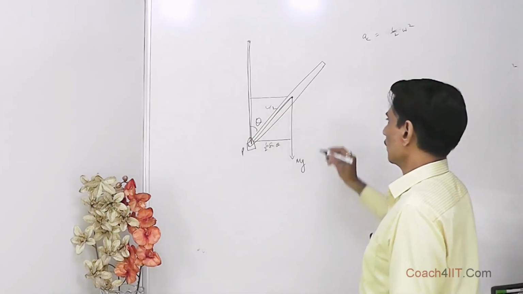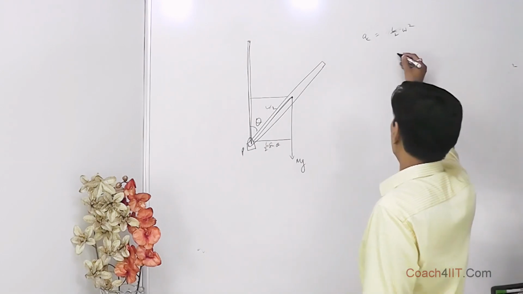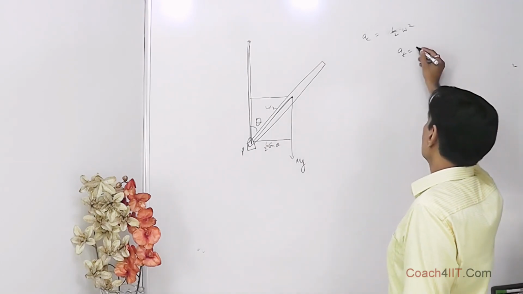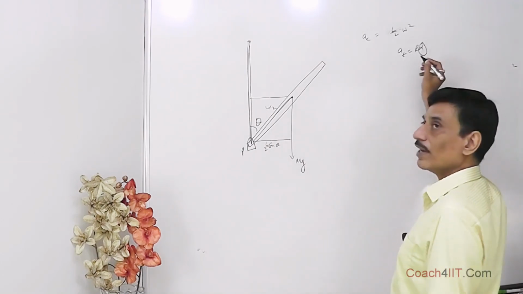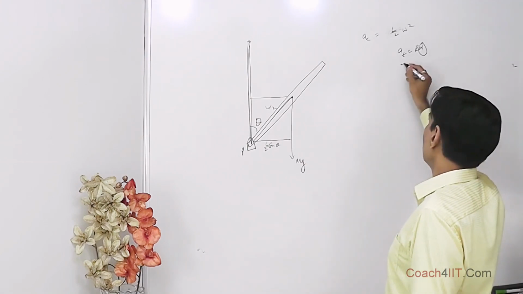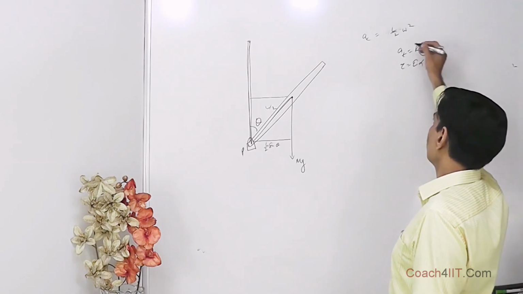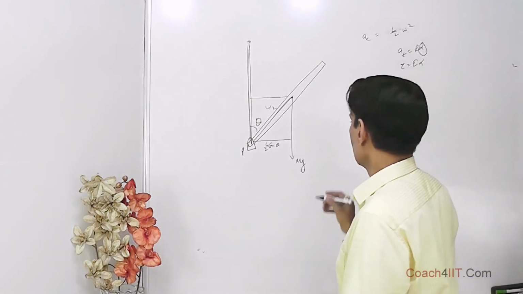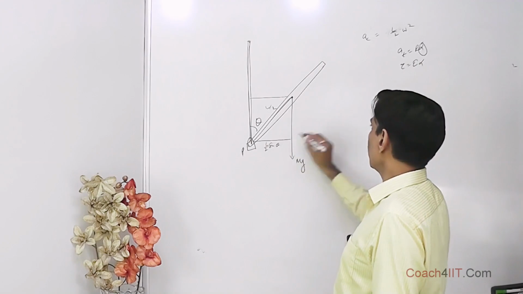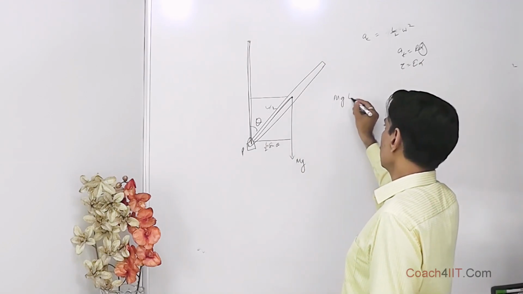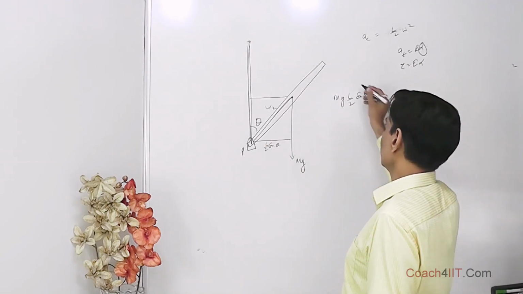Now we are talking about A tangential. We know A tangential is equal to R alpha, so we need to find alpha. From where can we find alpha? Torque is equal to I alpha. We will put alpha over here and from there we can find the A tangential. So mg into L by 2 sin theta is the torque.